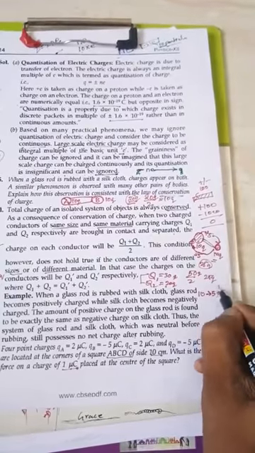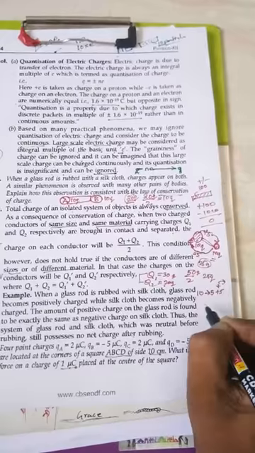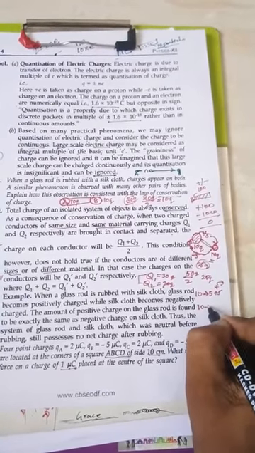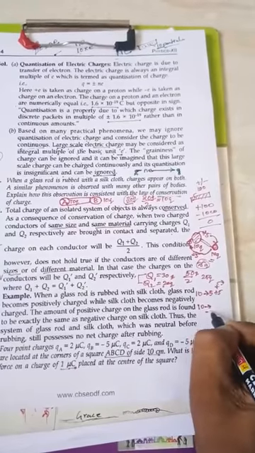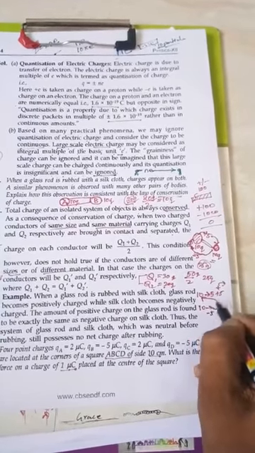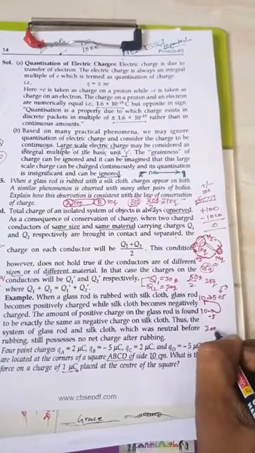The 5 positive charges go to the second ball. In the second ball there are 10 charges, and 5 negative charges transfer to the first ball. So again you add all the values, you will get 20Q only.